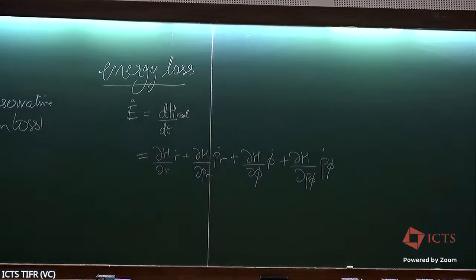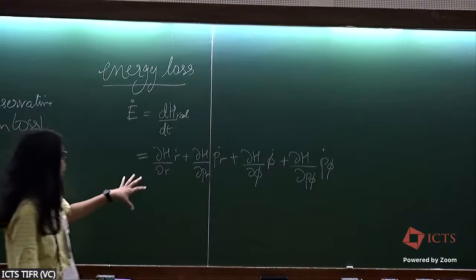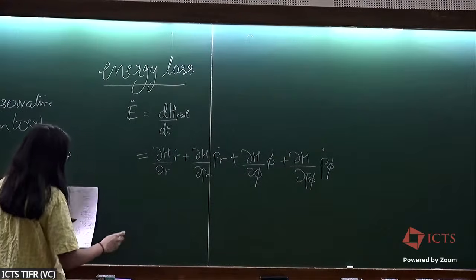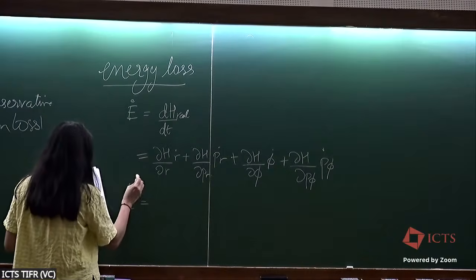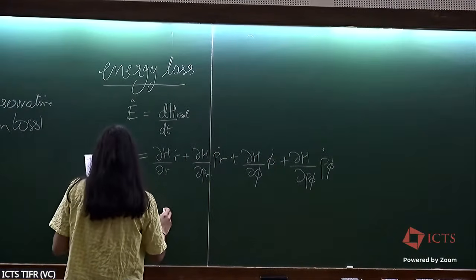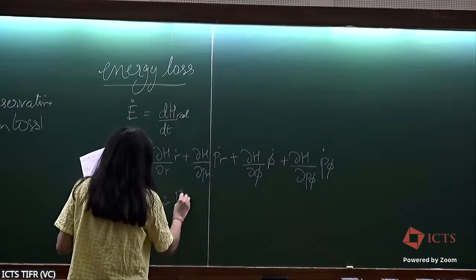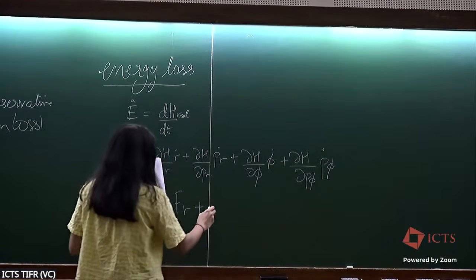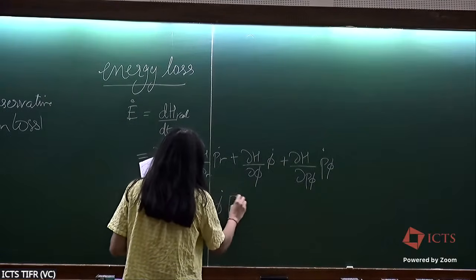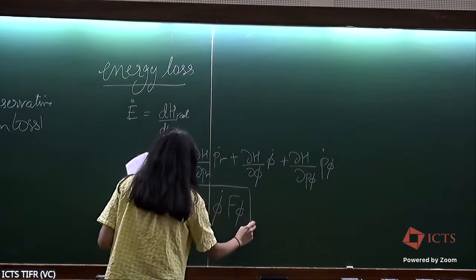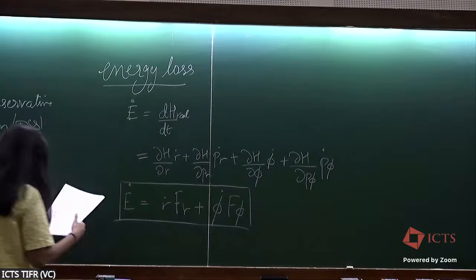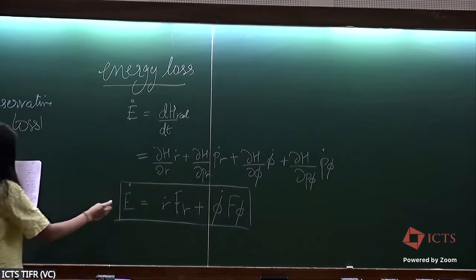Now using these equations of motion in this expression, what we can obtain is E dot equals r dot F_r. So now this becomes my energy loss expression.